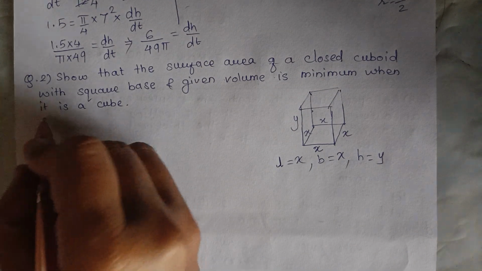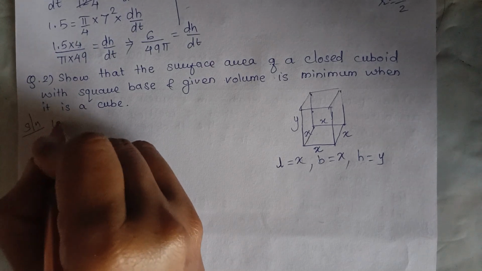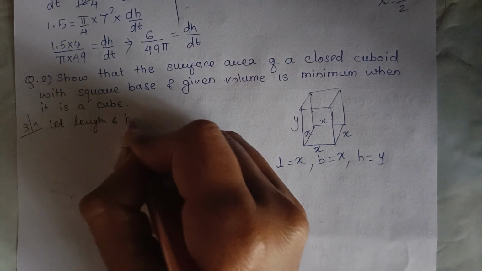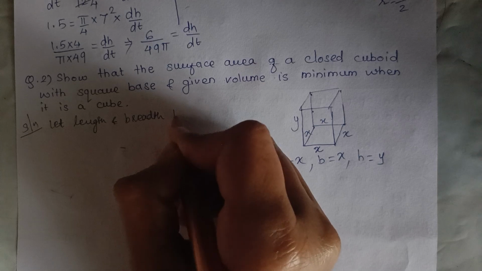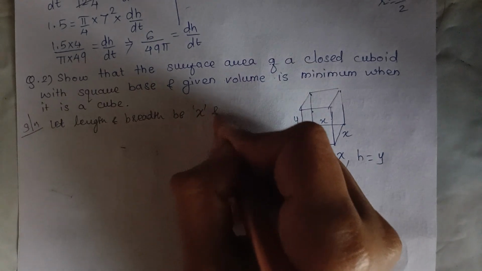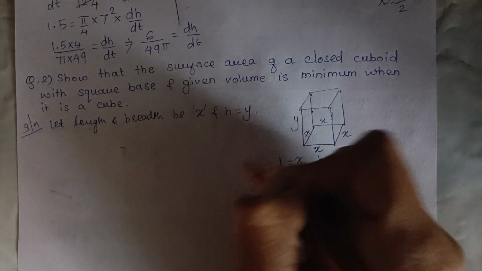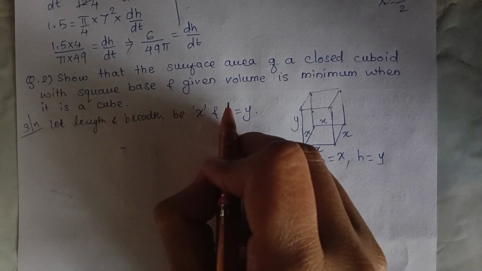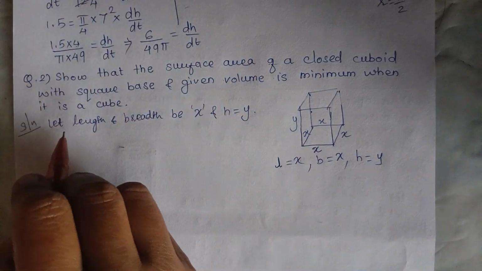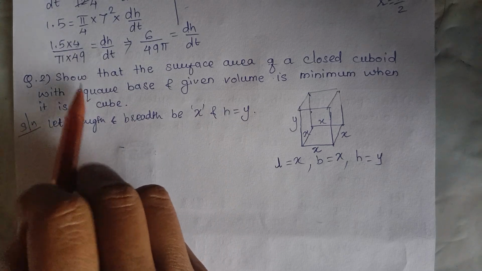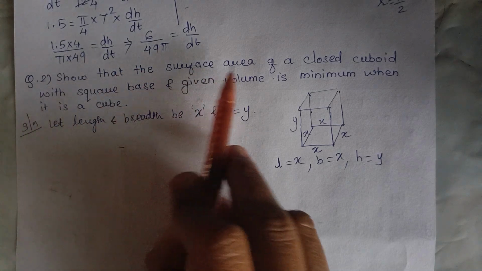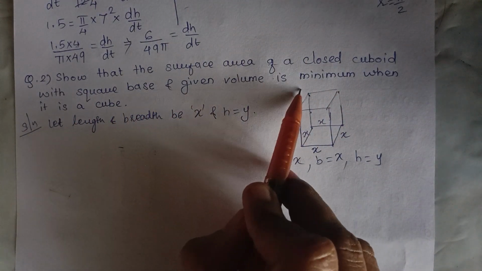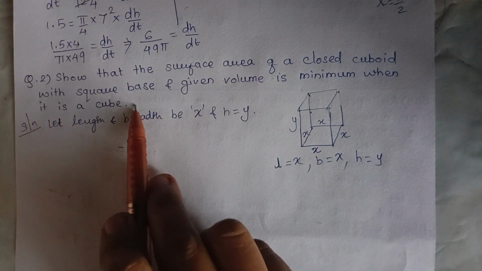So let length and breadth be x and height be y centimeters. Here they have not given any unit. Now what they have asked: show that the surface area of a closed cuboid with square base and given volume is minimum when it is a cube.